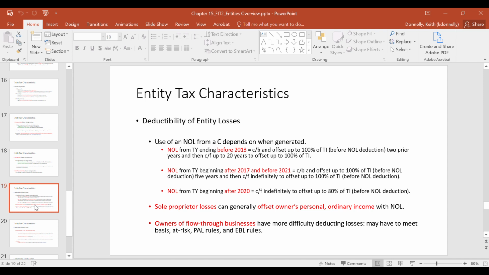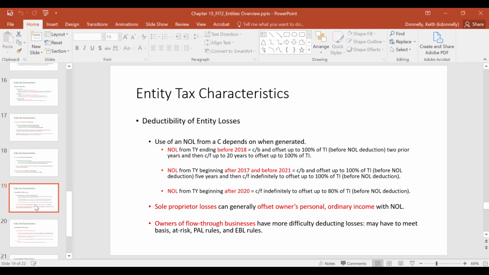So corporations, if you decide to form a corporation, whether you can use the loss depends on the tax year within which it was generated. If you had an NOL, which means a net operating loss, you have more expenses than income on the tax return.